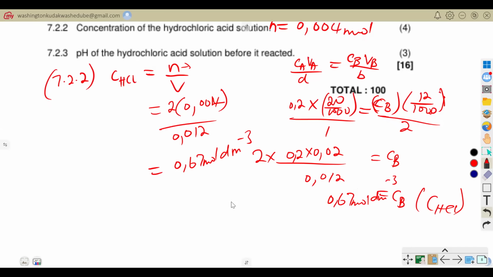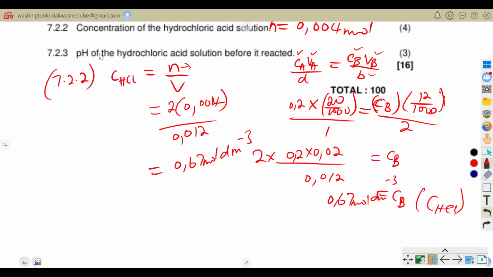So you can see that the two answers are the same. You can either use the concentration of reactant A times the volume of A over the stoichiometric ratio of A, equal to the concentration of B times the volume of B over the stoichiometric ratio of B. Or else you calculate the number of moles of the substance you are looking for, and then divide by its volume.